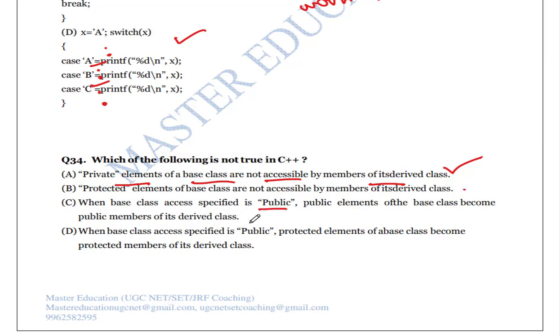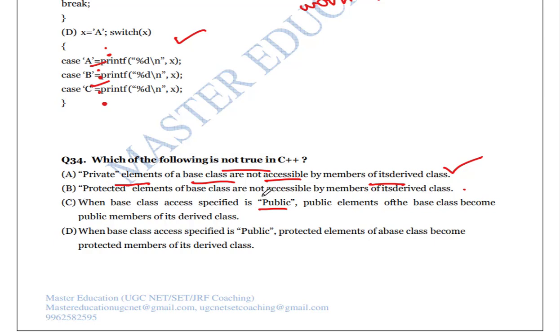When the base class access specifier is public, public elements of the base class become public members of its derived class. This is true. When the base class access specifier is public, protected elements of a base class become protected members of its derived class. These kinds of statements they just give for confusion. So you know this, they are asking which is not true in C++.